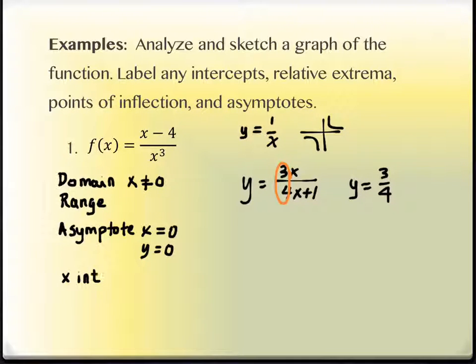How do I find an x-intercept? Algebra topic. How do I find an x-intercept? What can you tell me about that point? Y is 0, yeah. So the x-intercept is when y equals 0. Okay? So if I were to let y equal 0, that would mean that I would need this to happen.